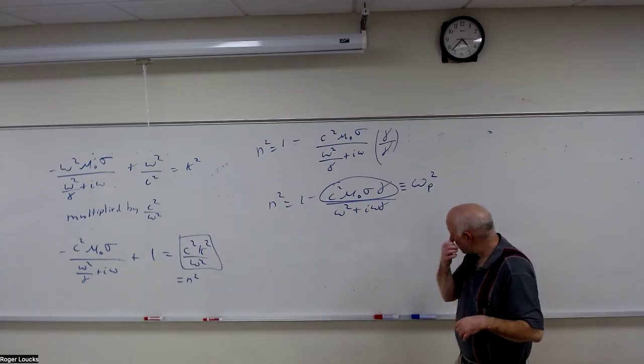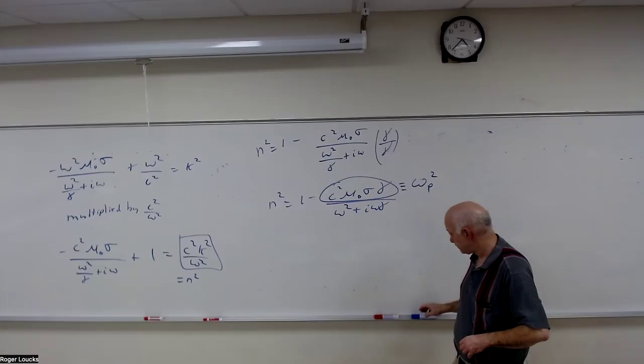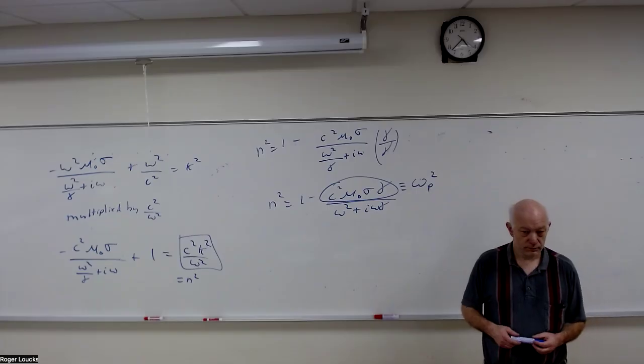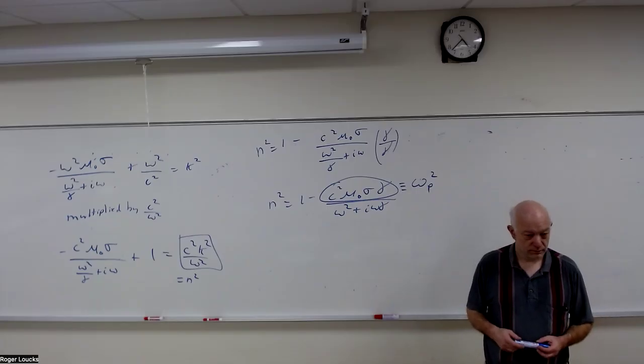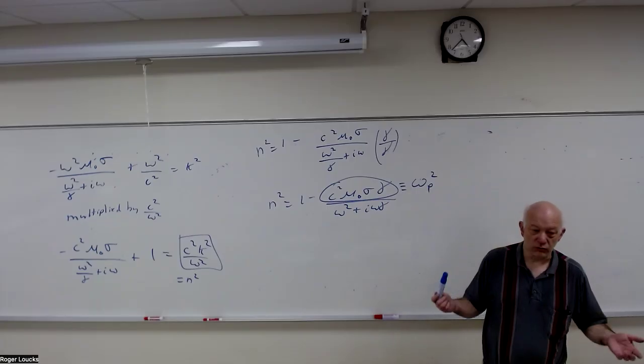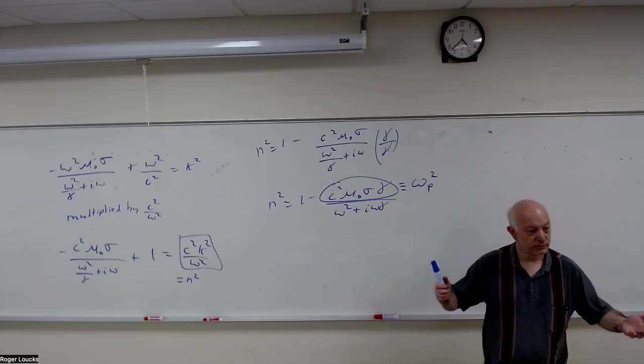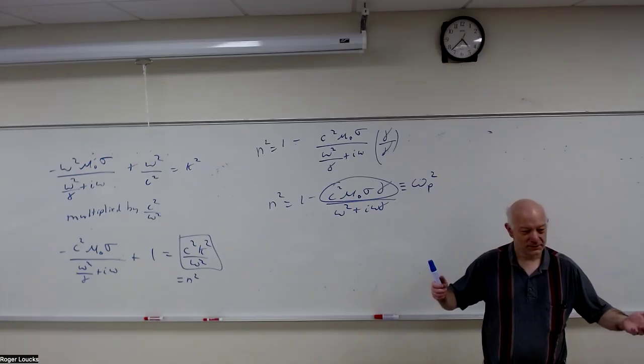Now, you can do a couple of things here. I want to get rid of mu naught. Tell me how to get rid of mu naught. What does mu naught equal? 4 pi times 10 to the minus 7. Excellent.